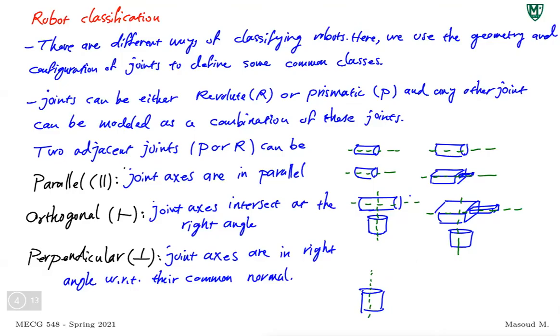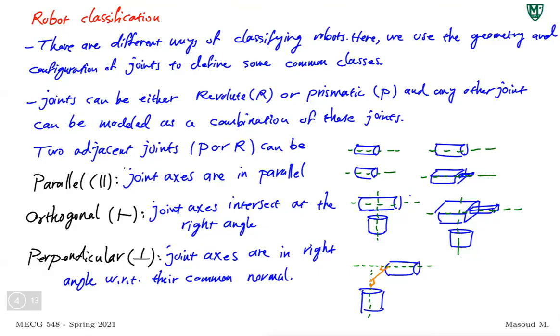Hopefully I can get it right, drawing it. Let's say it's right there. So there is a common normal between these two. It's 90 degrees here and it's 90 degrees here.